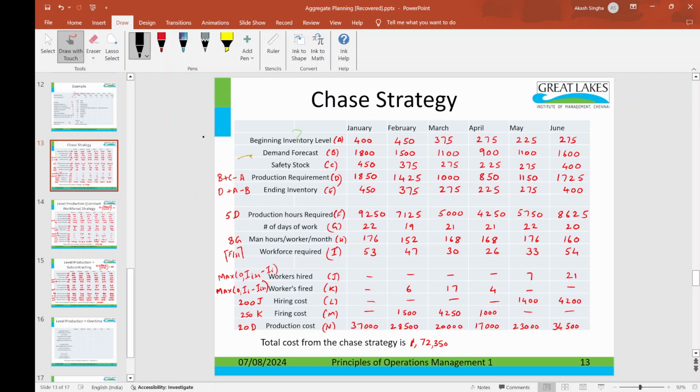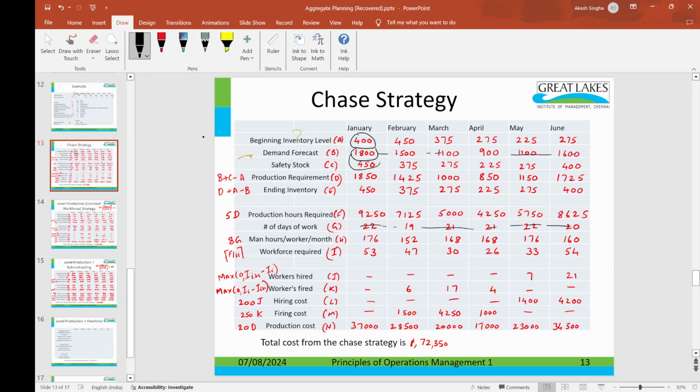So yeah, for beginning inventory level 400 is given and demand is also given for each month. Just write down the demands for each month. Okay, and number of days of work is given. Now safety stock is 25% of demand of this month.